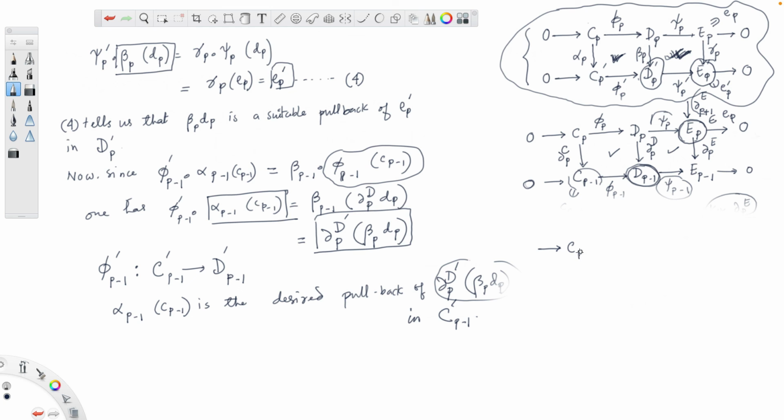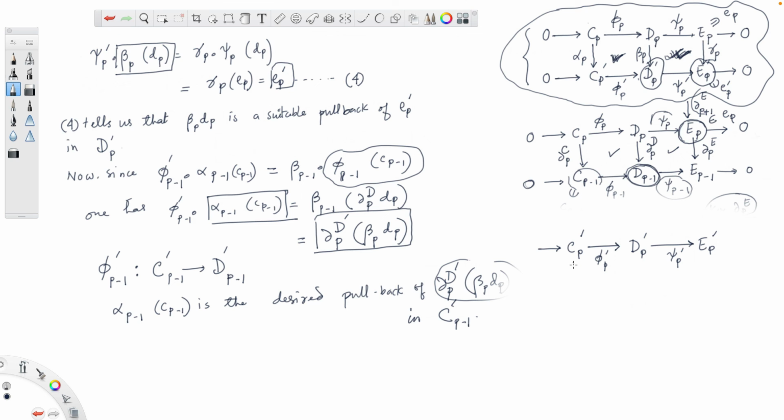There is this abelian group C_p prime that gets mapped to D_p prime, and then from D_p prime to E_p prime. The map that takes C_p prime to D_p prime is phi_p prime, and the homomorphism that takes D_p prime to E_p prime is psi_p prime.